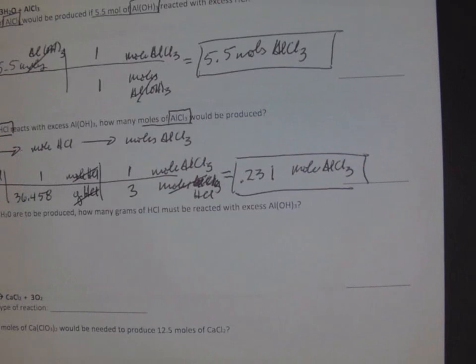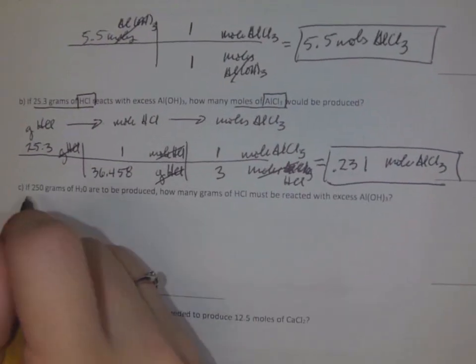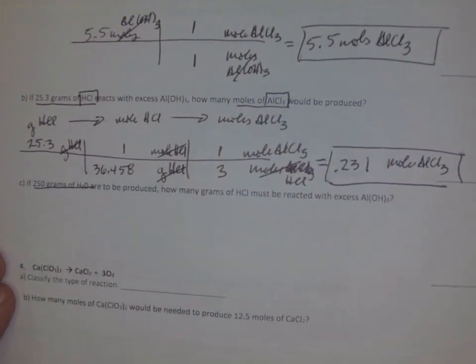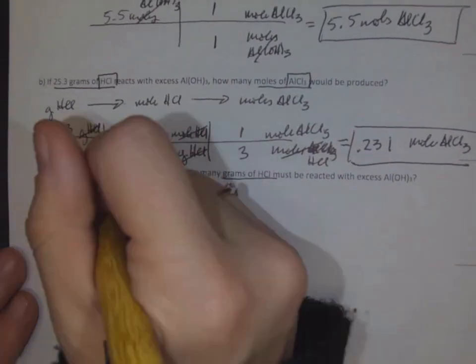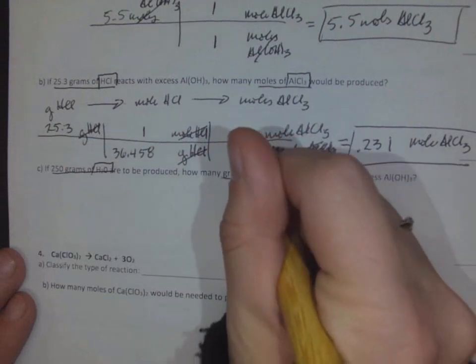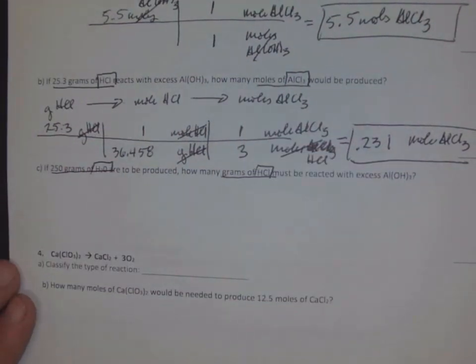Okay, here's our last type. 250 grams of water, and we want to know how many grams of HCl. So water and hydrochloric acid are not the same thing.